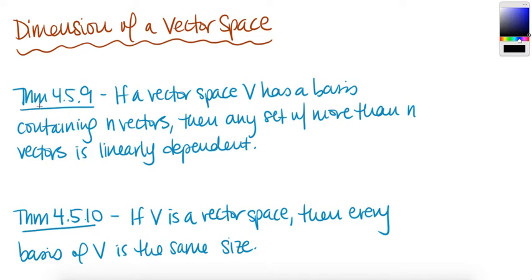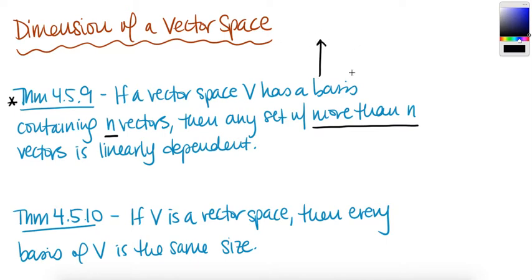First, theorem 4.5.9, so the ninth theorem in chapter 4 of our book, in section 4.5. If a vector space V has a basis containing n vectors, then any set with more than n vectors is linearly dependent. Let's remind ourselves of a few things.